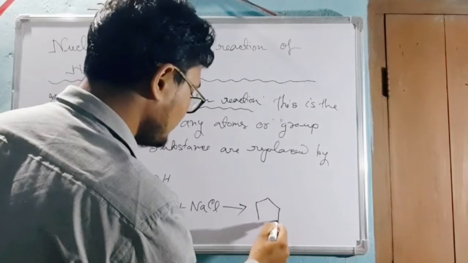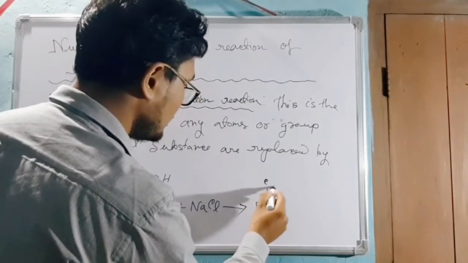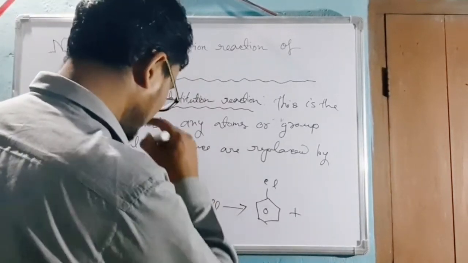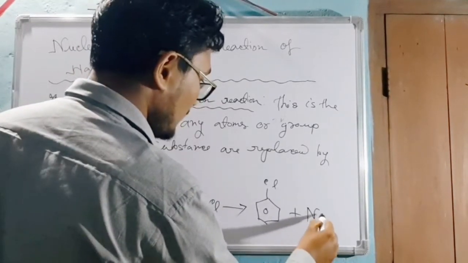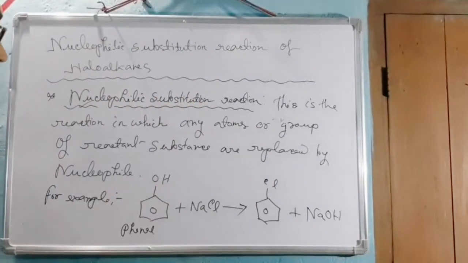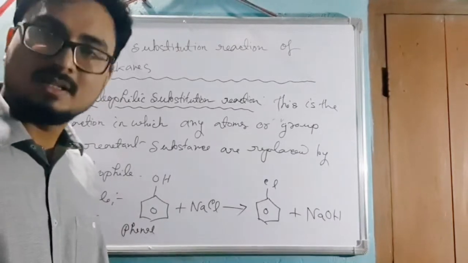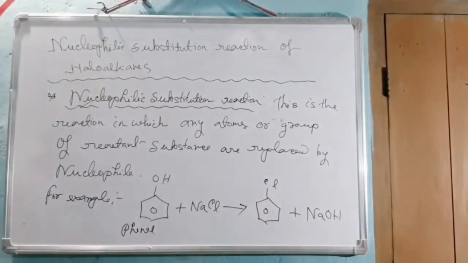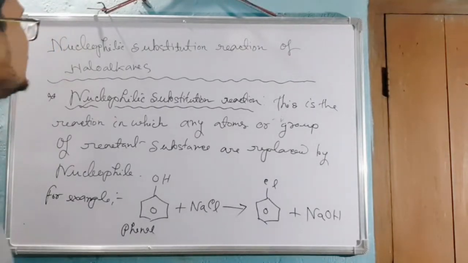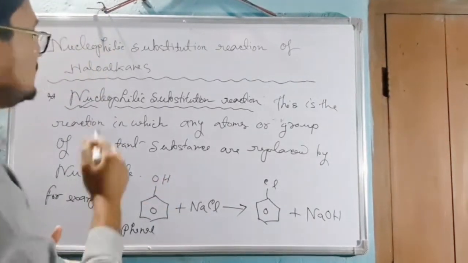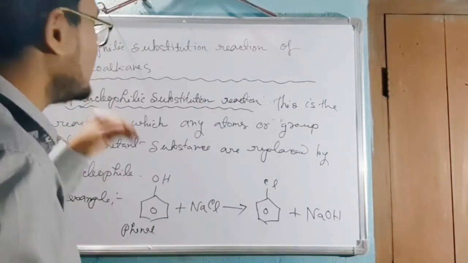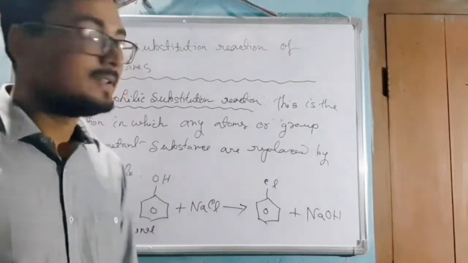So this is benzene Cl plus NaOH. This is an example of nucleophilic substitution reaction. So now we have clearly understood what is nucleophile, what is substitution reaction, and what are haloalkanes.